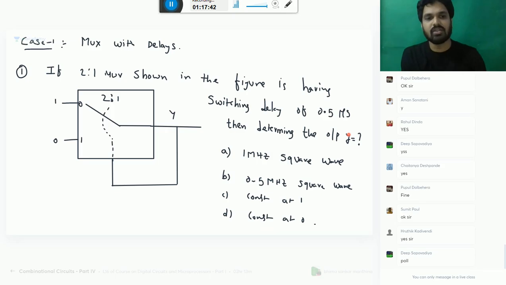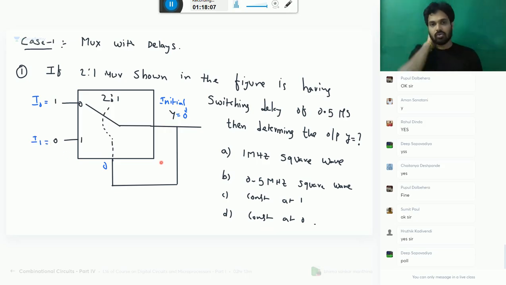Just understand the question. Here, initially assume 0. Okay, just assume initially. So this 0 will come here. Please understand, this is your I0 and this is your I1.